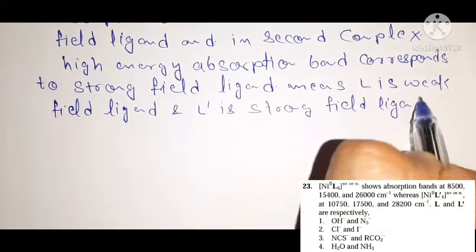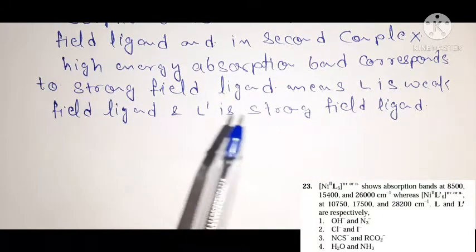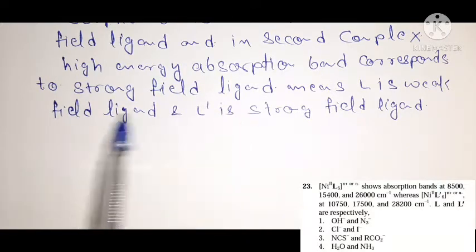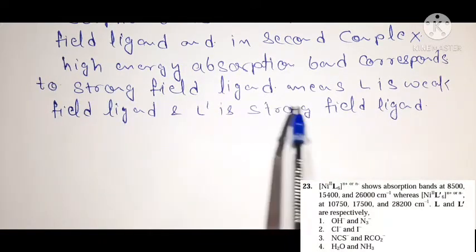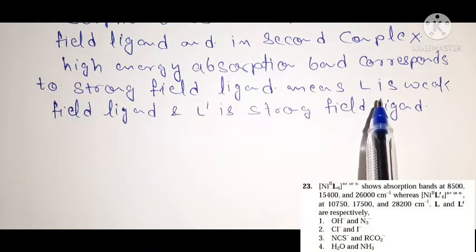Okay, so now on the basis of this conclusion, we clearly see that your option number 4 matches with this statement. That is, option number 4 contains L, that is H2O, which is a weak field ligand, and L dash as NH3, which is a strong field ligand.